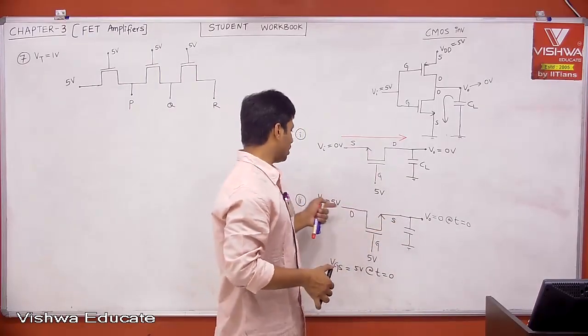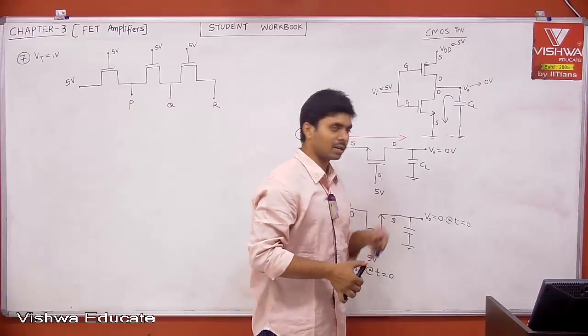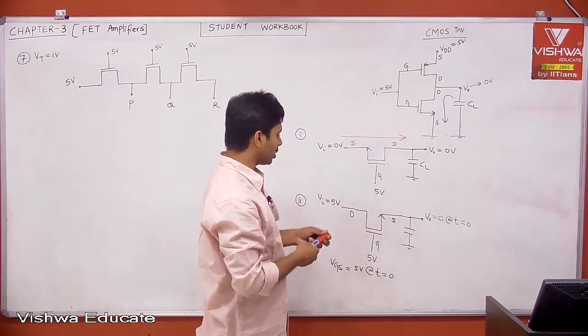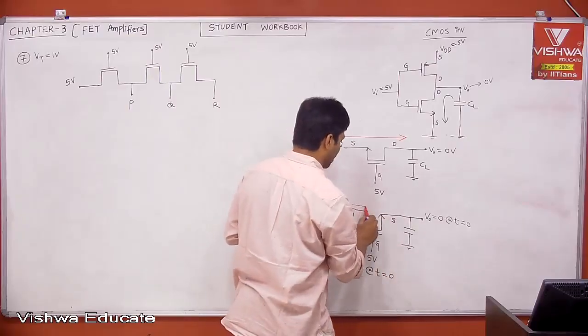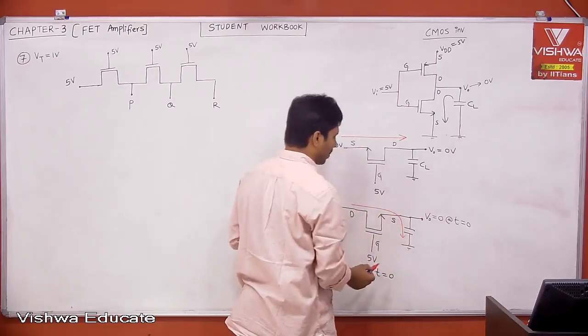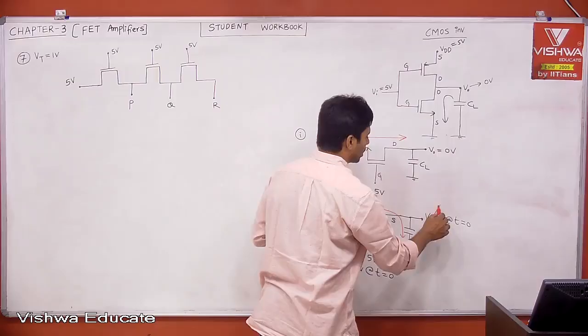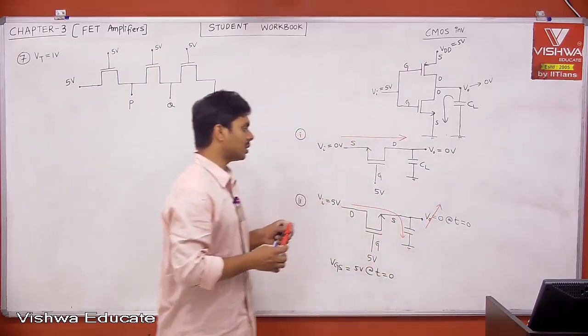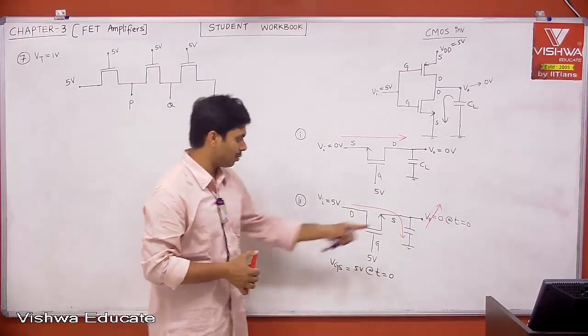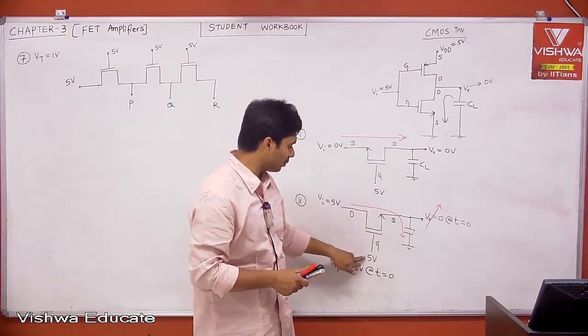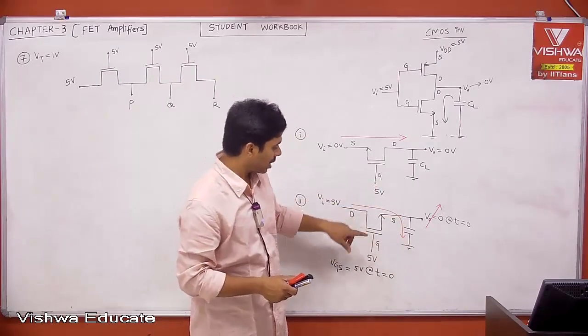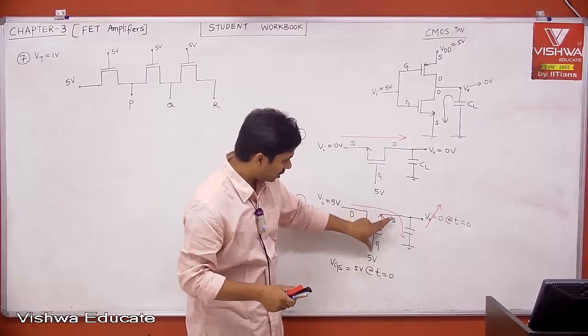Then the channel is on, and this 5 volt is trying to pass from here to here. When 5 volt is trying to pass, your capacitor is charging, and the voltage is increasing. As the source voltage is increasing, your gate voltage is 5 volt, so VGS is decreasing.